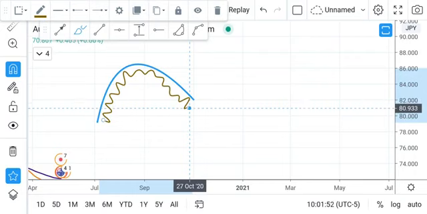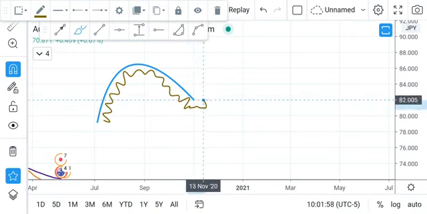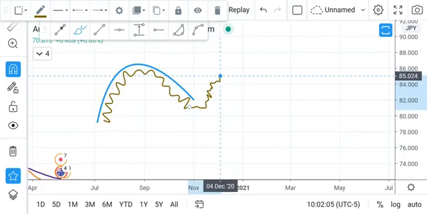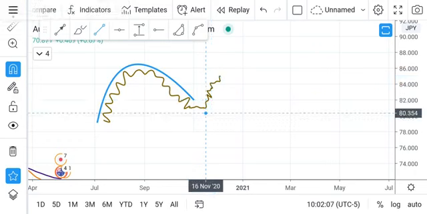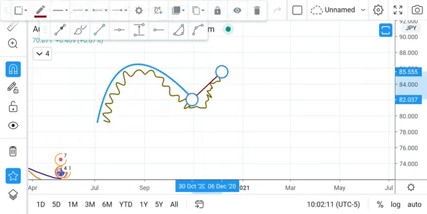So just visualize this zigzag line that I'm doing as your price movement. The price is going to start forming a handle. So that's when you have your inverse cup and handle.